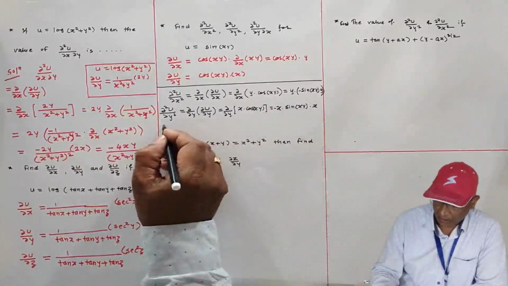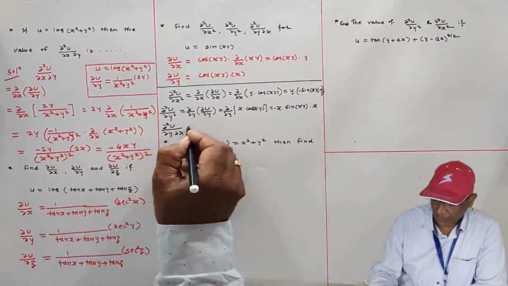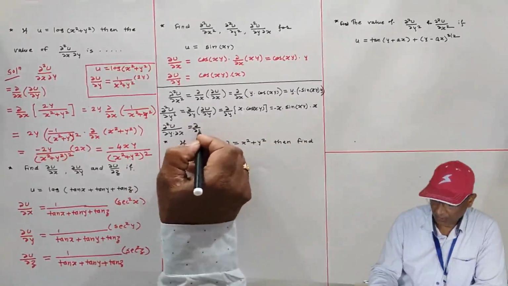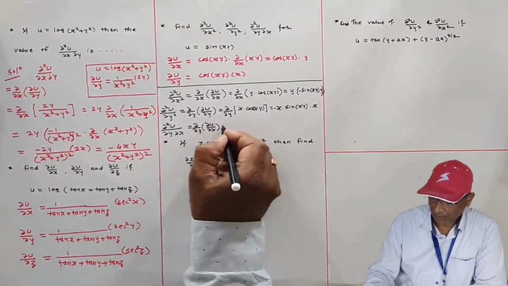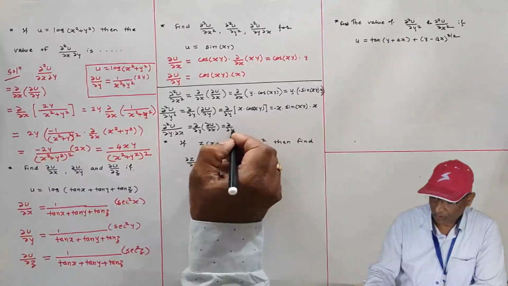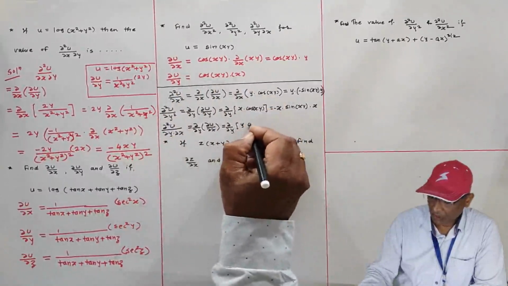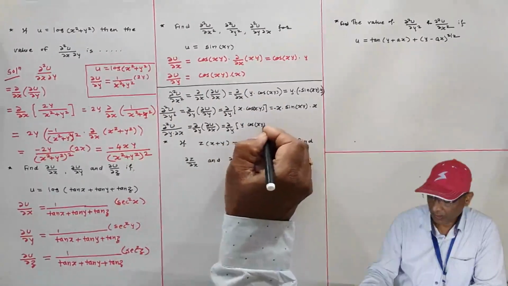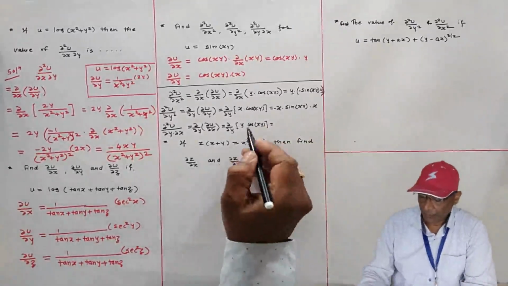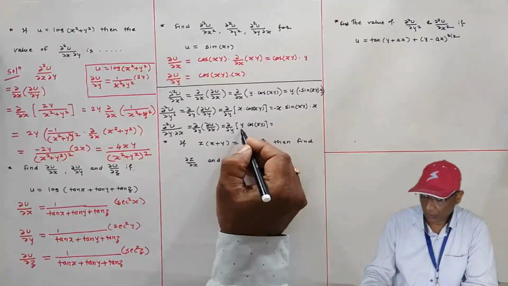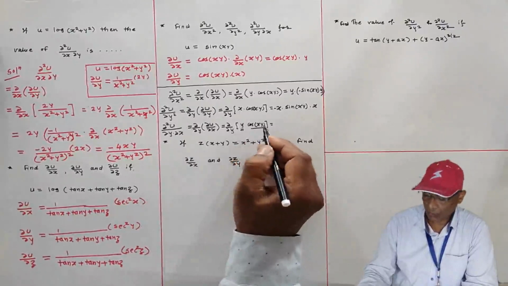Third, double derivative of u with respect to y and x. This can be written in this way: del y of del u by del x, and del u by del x we found: y cos xy. Here now, take derivative of this with respect to y. But here there are two terms in y, this function and this function containing y. Use product rule.